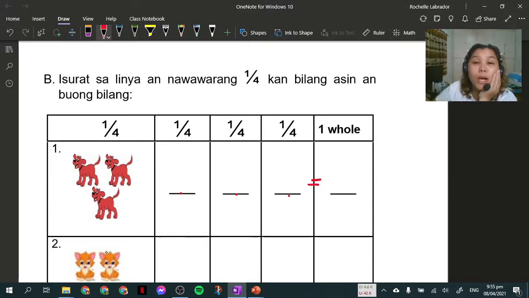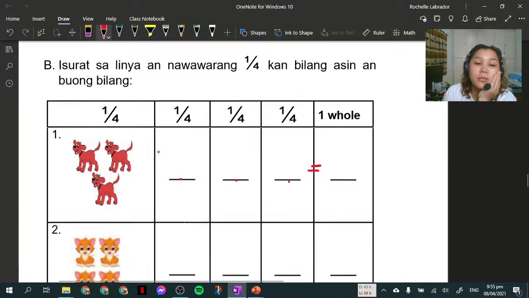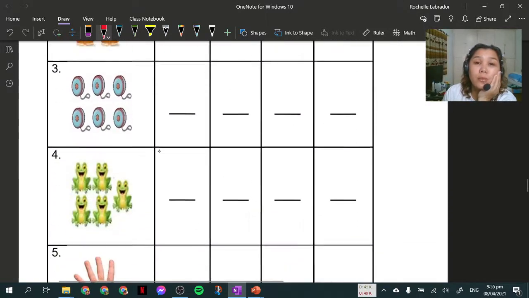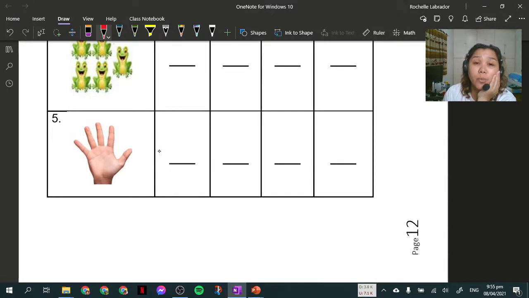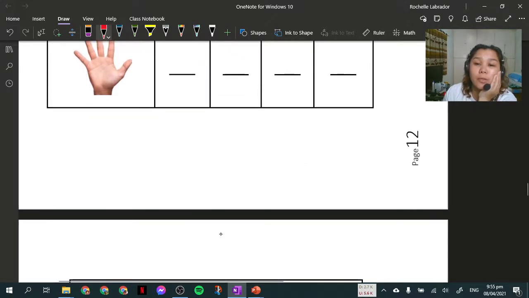So, kabuuhan, kumbaga. So, this is what you have to do for numbers 1 until number 5. I-pause para masagutan lahat. So, you just have to answer as numbers na lang, hindi na you don't need to draw them.